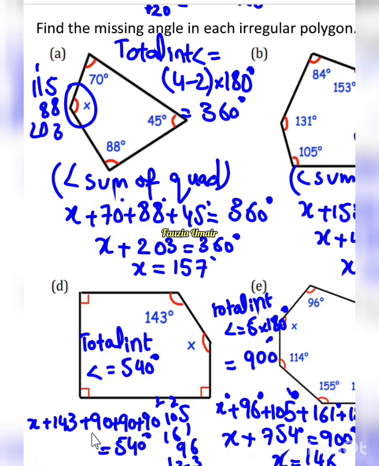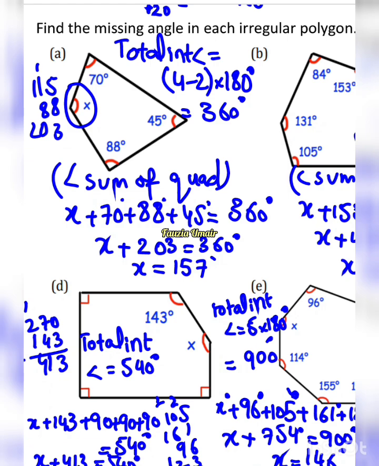If we add them all, 3 90s make 270 and 143, so basically it is 413. X plus 413 is equal to 540.